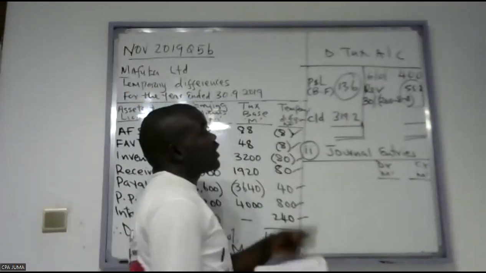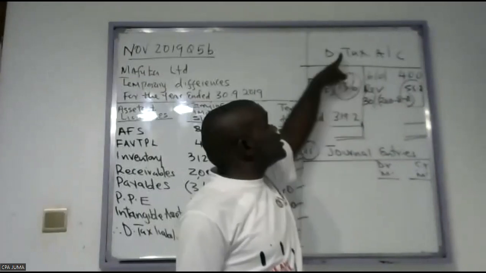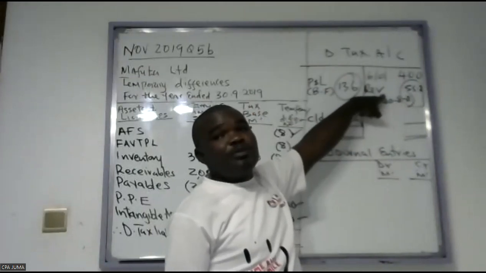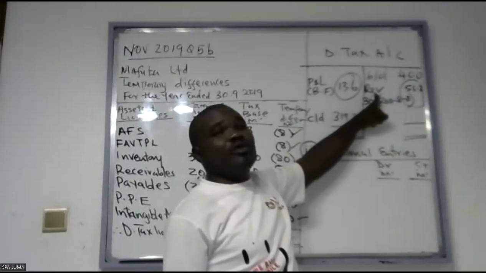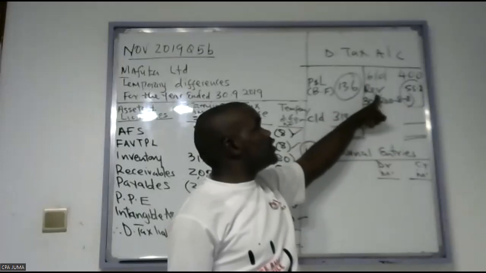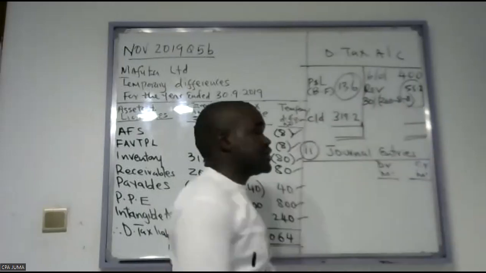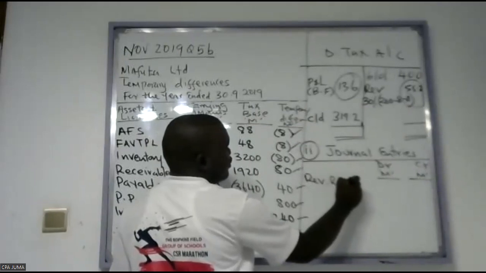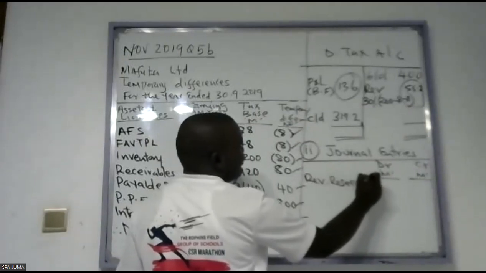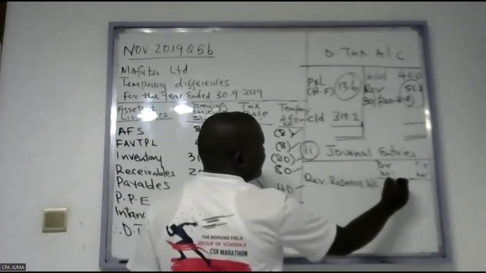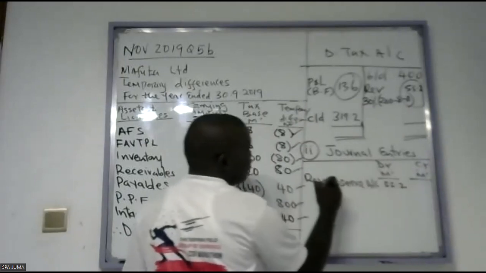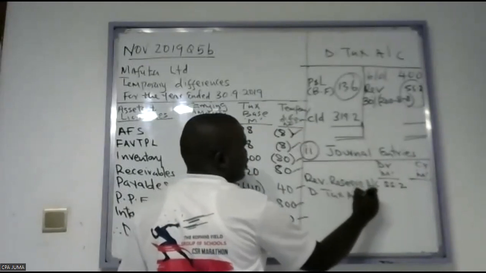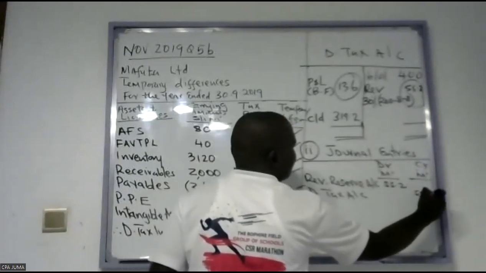We have credited the deferred tax account with revaluation. So the corresponding debit entry will be the revaluation account. Debit revaluation reserve, because you have credited deferred tax. The revaluation reserve account will be debited with 55.2 because we have credited the deferred tax account with 55.2.